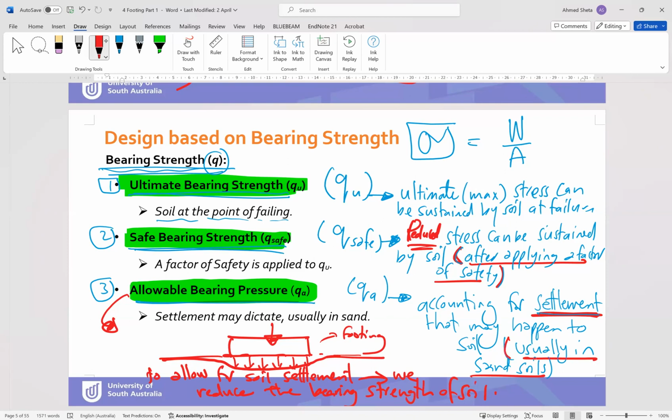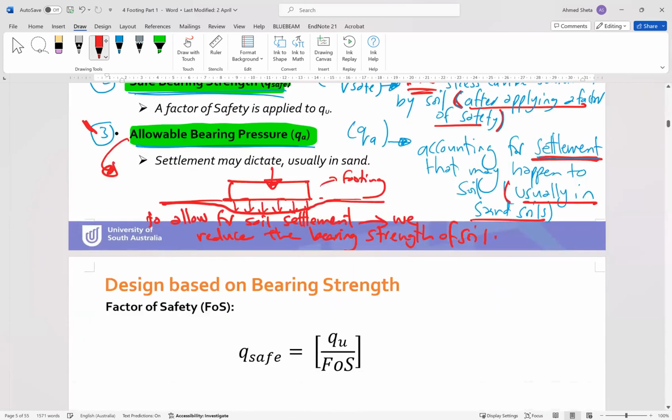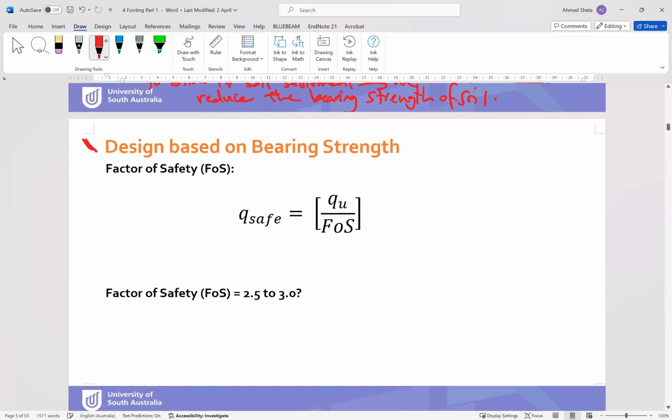Okay, so these are important parameters we need to know for bearing strength. So let's go in depth in the terms we have for bearing strength.